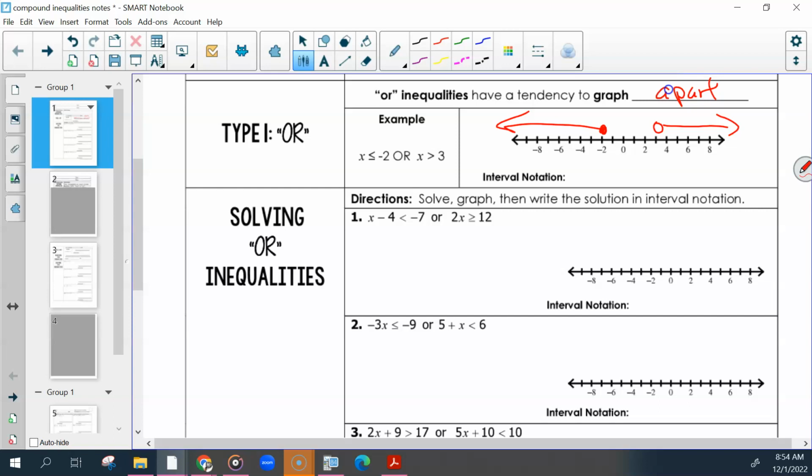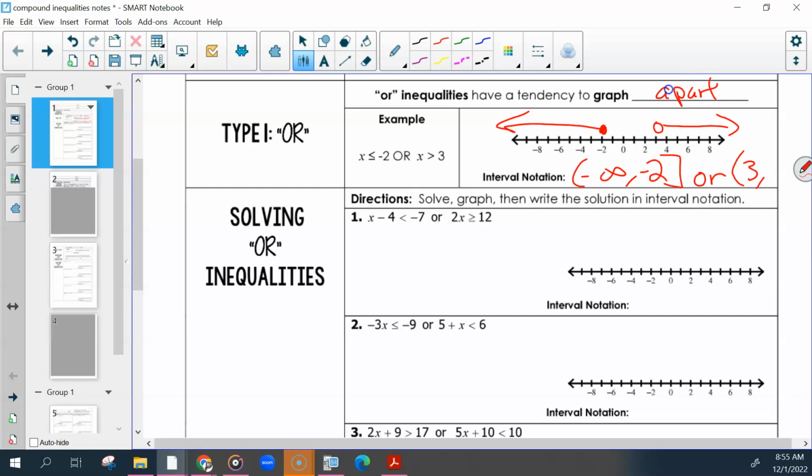Your interval notation, remember, your brackets, your parentheses, as we're reading left to right. From the left, it still starts at -infinity. Then it stops at -2. And that would be a bracket because it's closed. Or it starts again at 3, but that one's open, so parentheses.